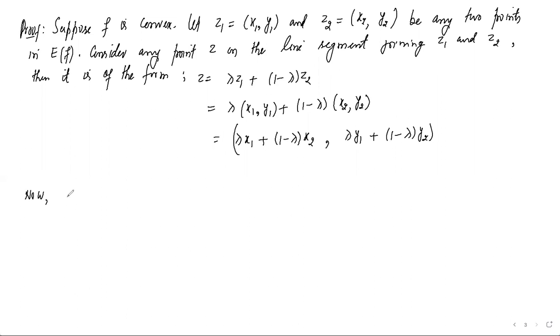We have lambda x1 plus 1 minus lambda x2, and as we already know, lambda belongs to the interval 0, 1. So lambda x1 plus 1 minus lambda x2 is a point inside the interval I.